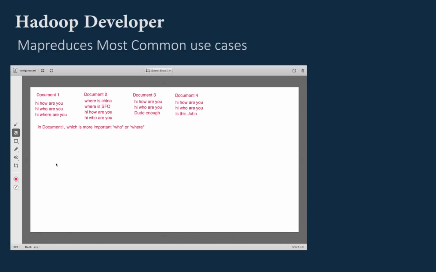Which word is more important in document 1? Is it who or is it where? So let's understand this.